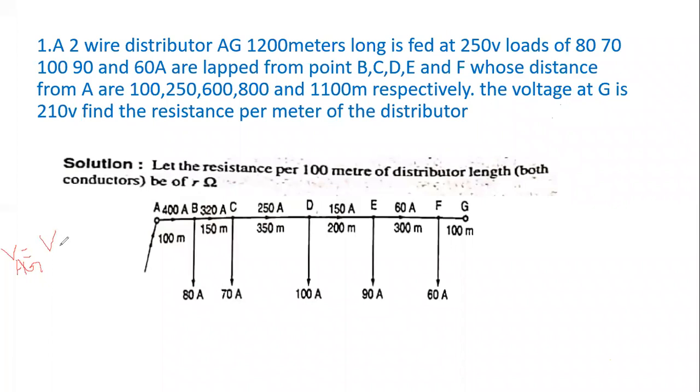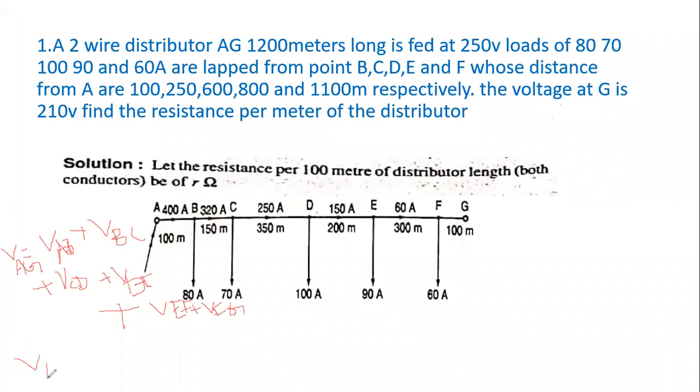Therefore, VAG is equal to VAB plus VBC plus VCD plus VDE plus VEF plus VFG. And then substitute.